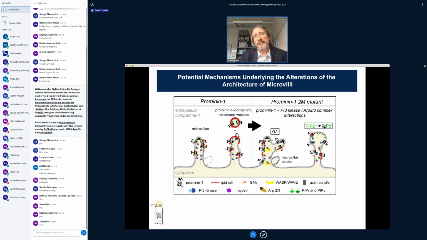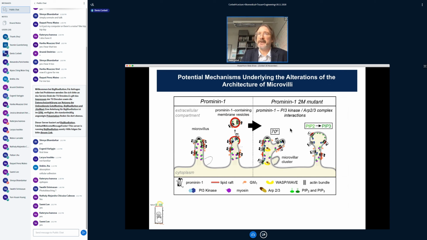In the case where the membrane becomes bigger and swollen, this can be related to the conversion of a lipid called PIP2 to PIP3. As I said in the beginning, the enzyme PI3 kinase can play a role here by converting these two lipids. These lipids are very important for binding to myosin, not only PIP2.